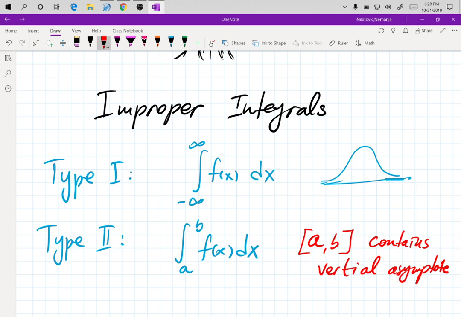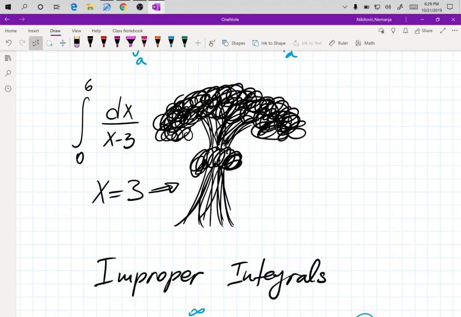So you're expecting a finite answer there, and then you try this in practice, and it's just like, what just happened, right? And that's the type 2. So type 1 are easy to spot. Type 2 are the evil ones. And this is why I say that, from this point on, anytime you see the limits given in the integral from tonight's lecture on, you have to check for improper first.